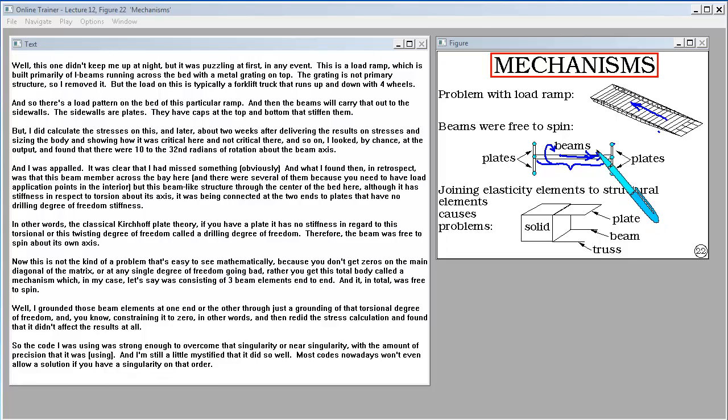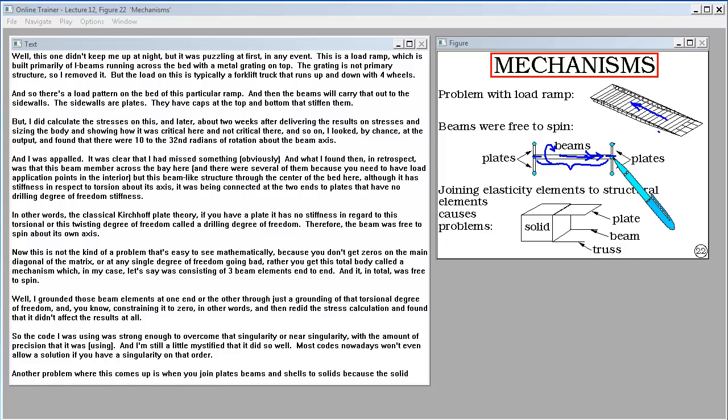In other words, in the classical Kirchhoff-Love plate theory, if you have a plate, it has no stiffness in regard to this torsional or twisting degree of freedom called a drilling degree of freedom. Therefore, the beam was free to spin about its own axis.